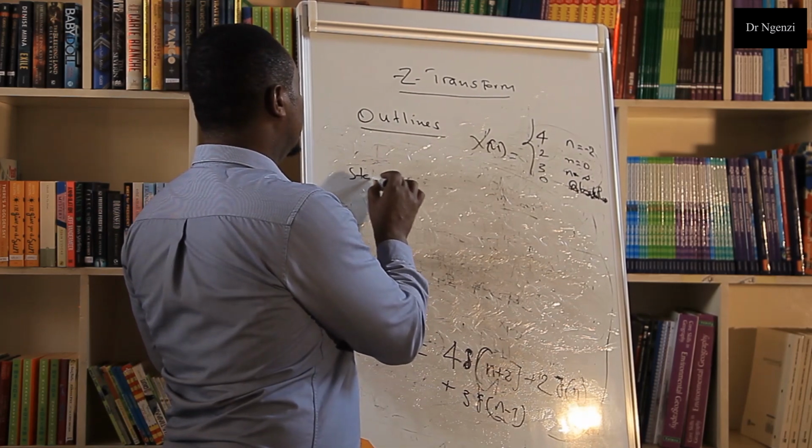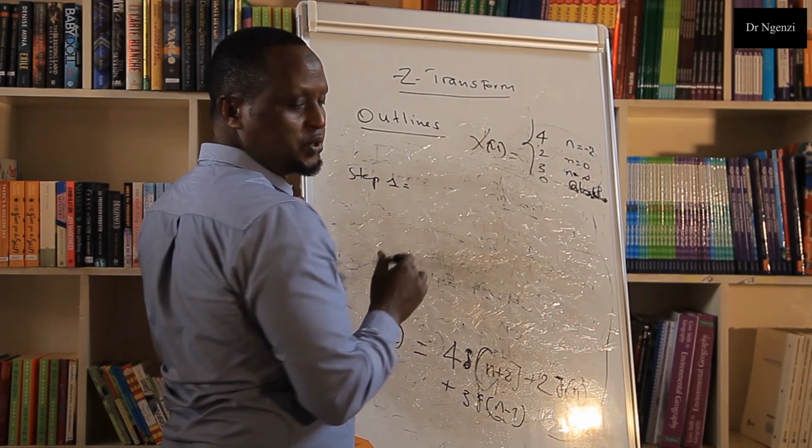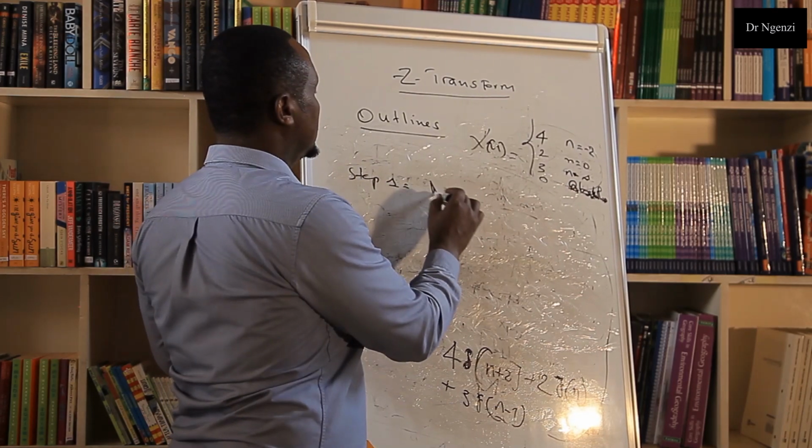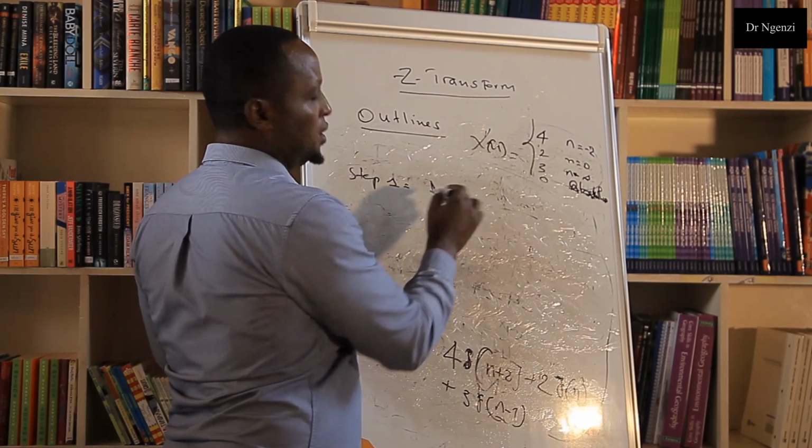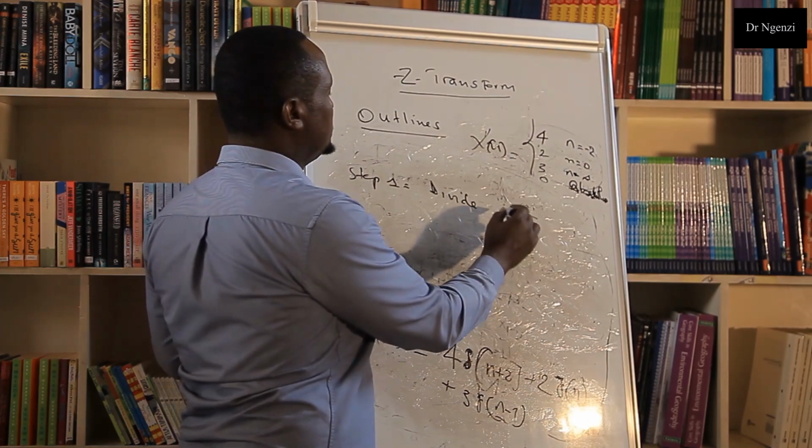Step number 1 is to divide both sides by z.